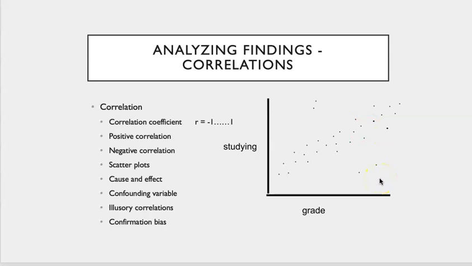The correlation coefficient for this is going to be something like R equals 0.8. So that's the correlation coefficient for this. You know it's a positive correlation because when you're low on one, you're low on the other. When you're high on one, you're high on the other. They move in one direction. And you know it's going to be a higher one because they're pretty close together.